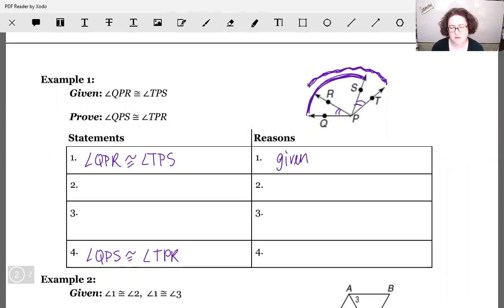We're going to use the reflexive property. So we're going to say that angle RPS is congruent to angle RPS. And I can say that because if we have an angle equal to itself, that's reflexive property.